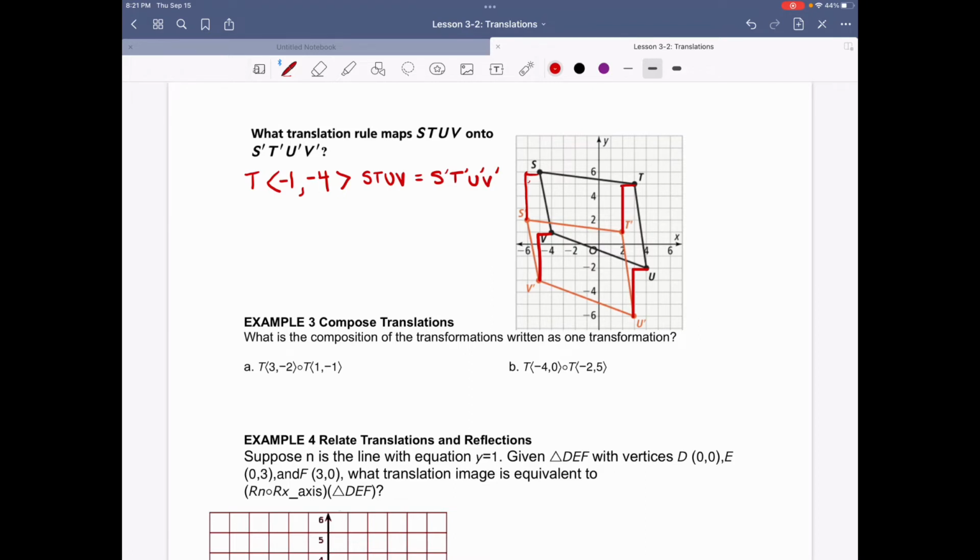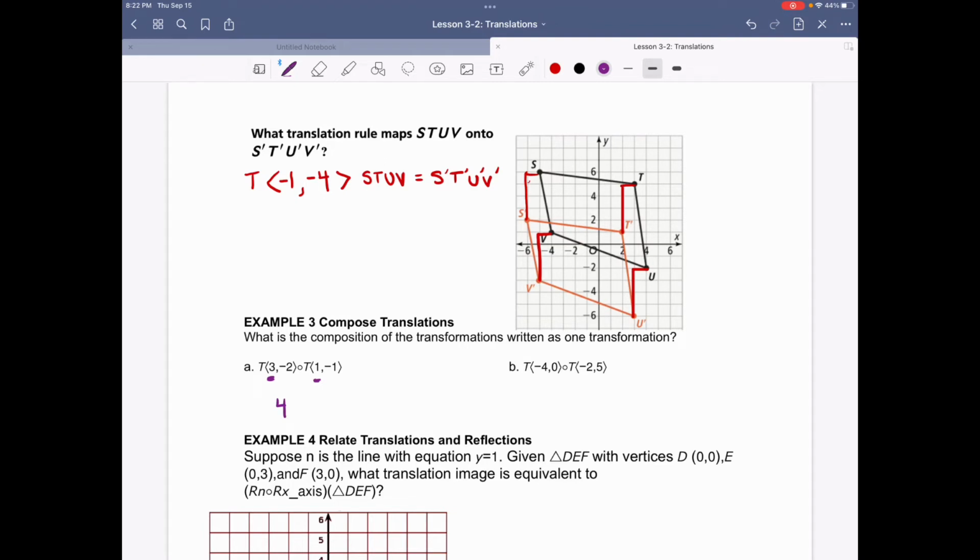Example 3. What is the composition of the transformations written as one transformation? For this, you just have to combine the x's, or the left-right numbers, with the up-down numbers. So the 3 and the 1, that becomes 4, right?